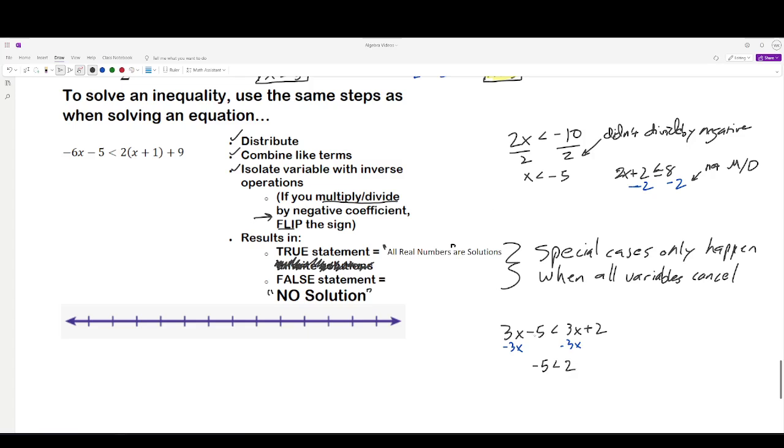So I have to ask myself, is that true or false? In this case, it is true. Negative 5 is less than 2. If I think about my number line, 2 is over here. Negative 5 is to the left of that, so it's less. So in this case, I would put x is all real numbers.